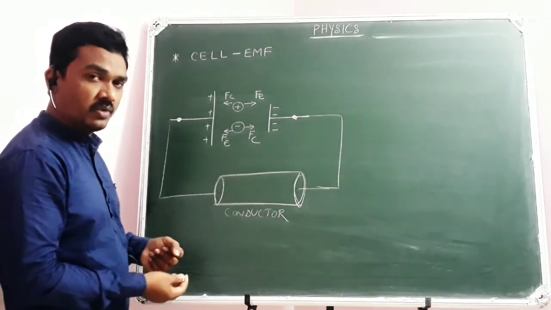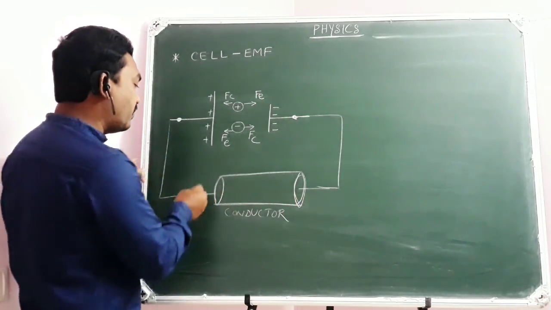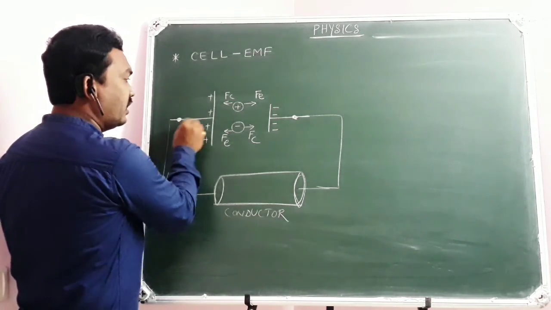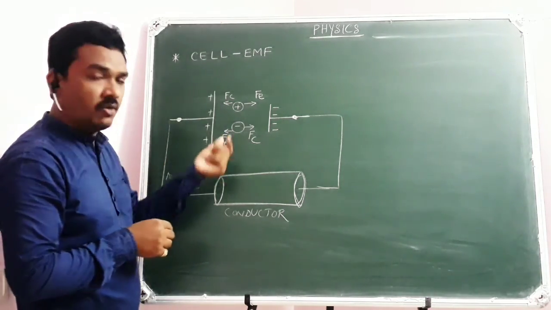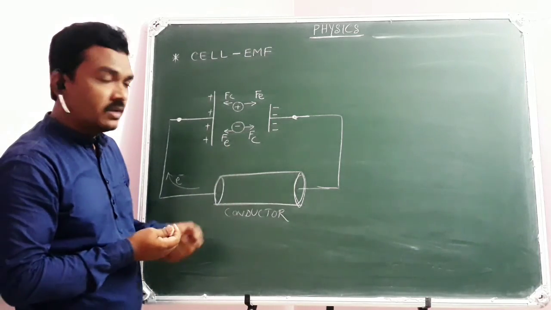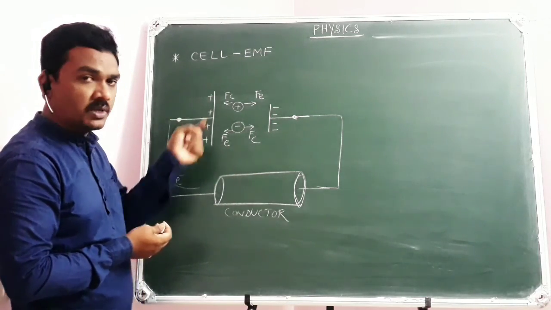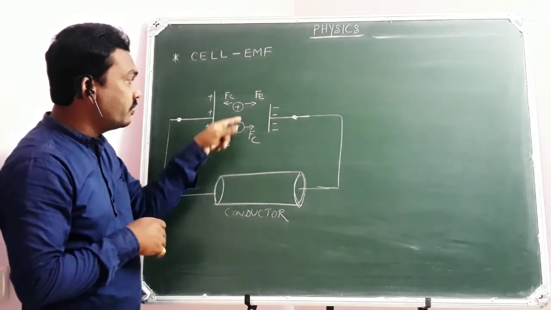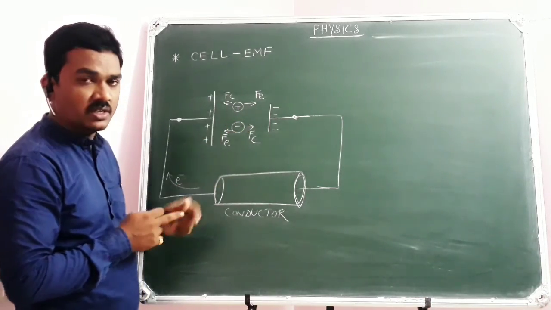Then what happens, you know very well, an electron will be given by this conductor to the positively charged terminal. Then the equilibrium of ions gets disturbed because when an electron is added to the positive plate, then the electrostatic force of repulsion will decrease. Then this ion will try to move to this side.